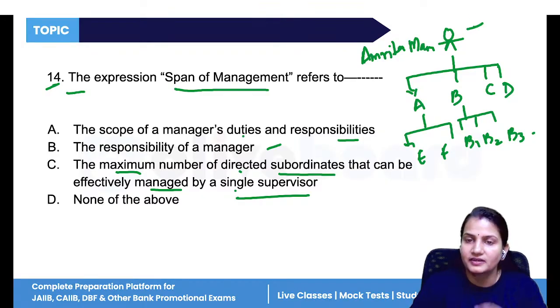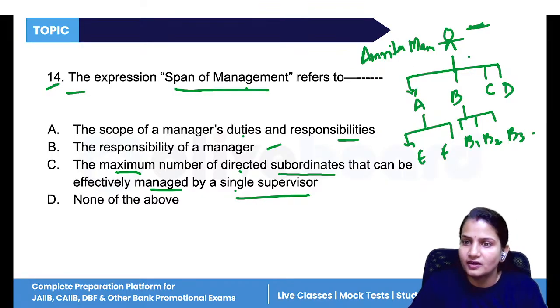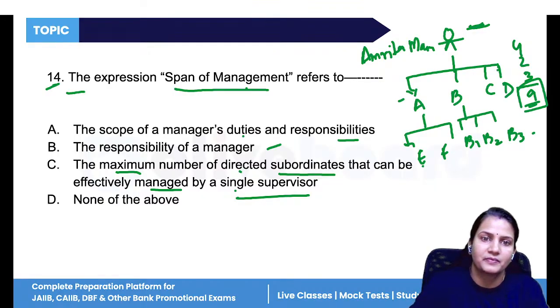One single superior is handling how many subordinates under him or her, that is known as span of management. So if you are handling four employees, and now two employees here and three employees here, the total is nine employees. So under you, nine people are working.